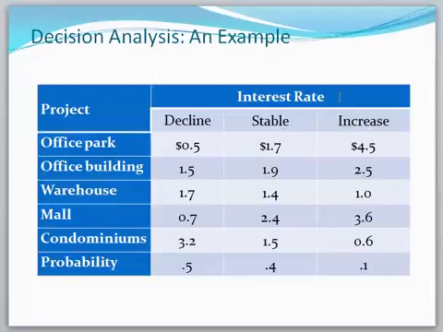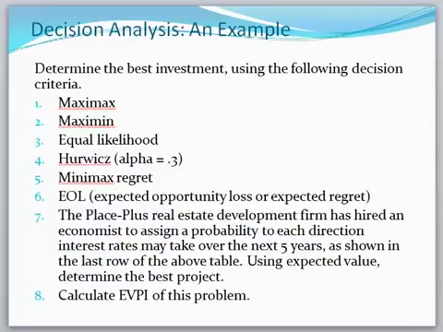Based on the information given over here, we would like to answer the following 8 questions. We would like to determine the best investment based on different decision criteria. Those criteria are maximax, maximin, equal likelihood, Hurwitz, minimax regret, EOL, and EV.